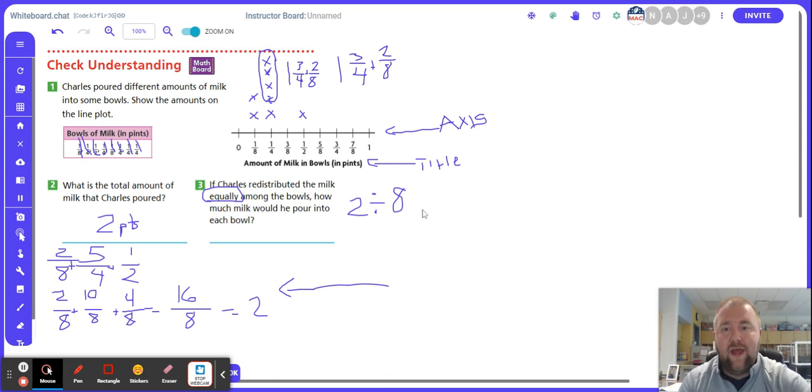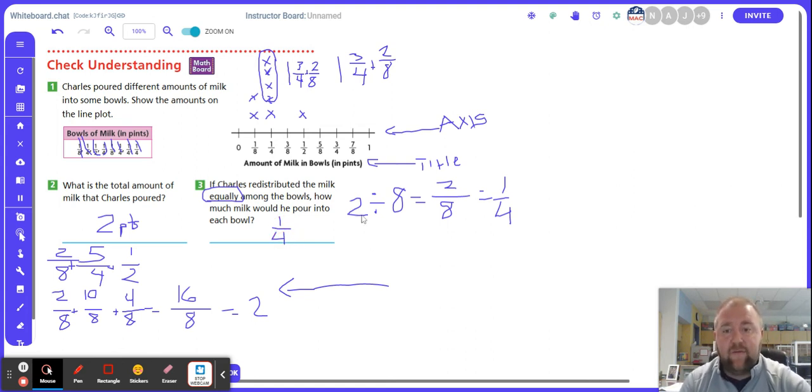So we have 2 divided by 8. And if I know, again, fractions as division, that's the same as saying 2 over 8, which is 2 eighths, which would equal 1/4. Okay, so then if they redistributed them equally, it would be 1/4 pint per bowl.